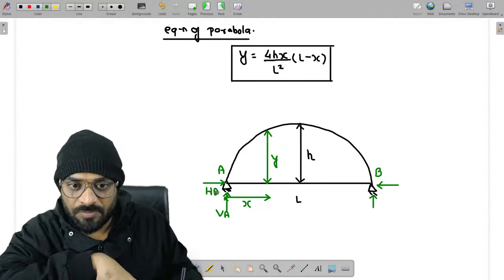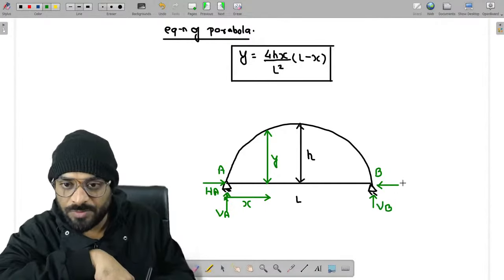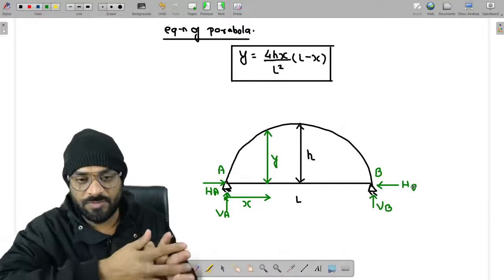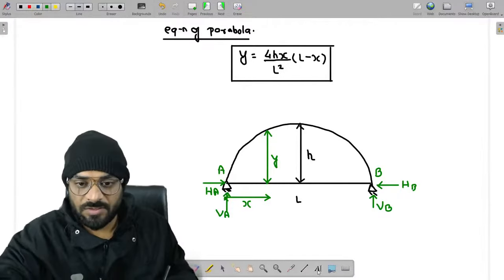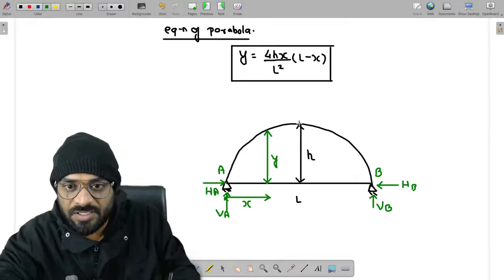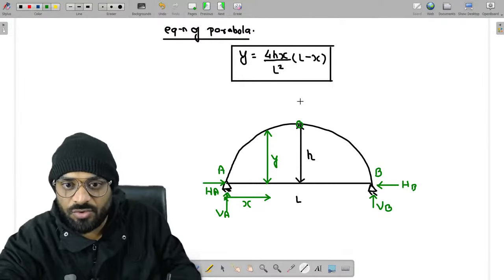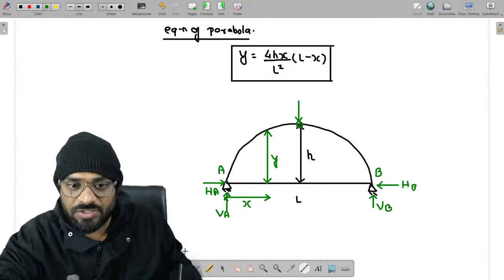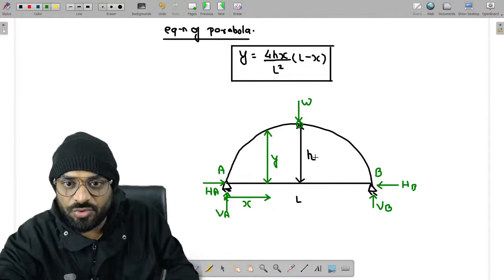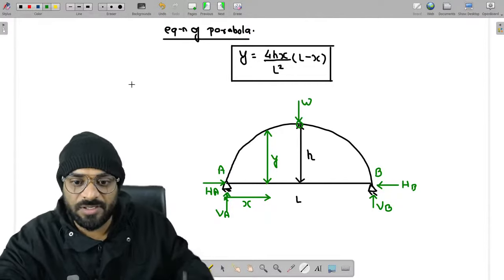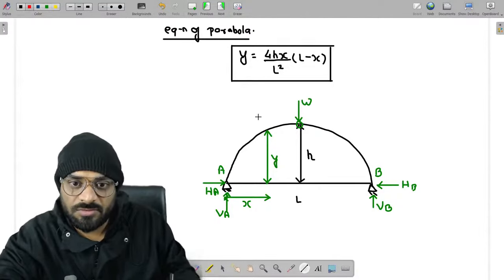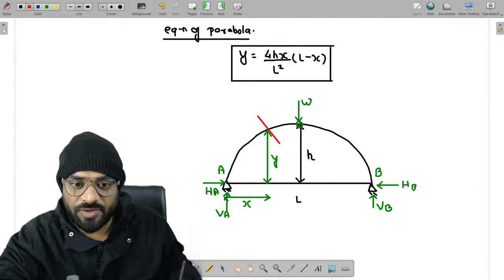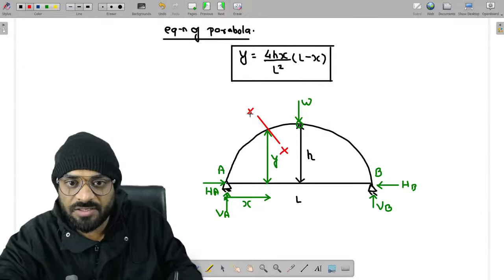Now guys, we know that this is basically a three-hinge arch and we have a load exactly at this particular location. So what you have to do, you have to break the structure at the location where you have to find out the normal thrust and the radial shear.